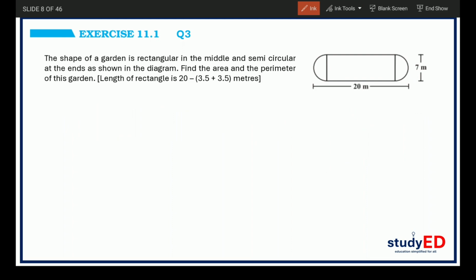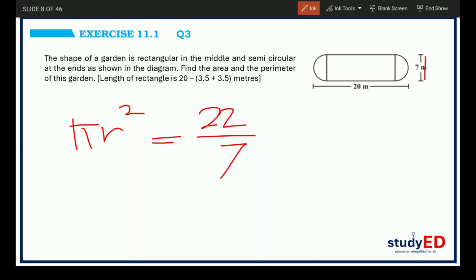Now we're going to figure out the area of the circles. What's the area of the circle formula? Pi r square. So using this, we have 22 by 7 and the radius is 3.5 or 7 by 2 because this is the diameter. Again, we're going to use pi r square for an entire circle because both of them combined is an entire circle.